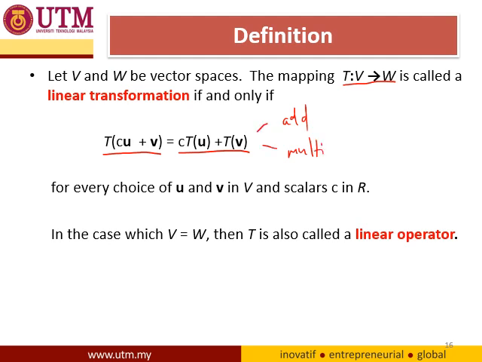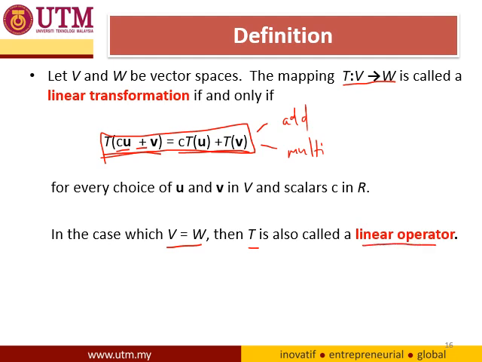Now you can see it combined both. We have multiplication and we also have addition in one equation, for every choice of u and v in V and scalar c in R. So if V equals W, then the transformation is also called a linear operator.